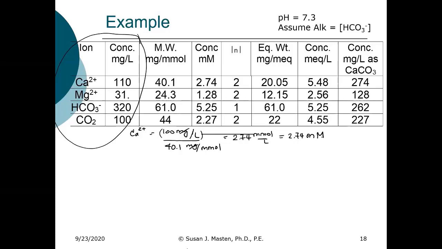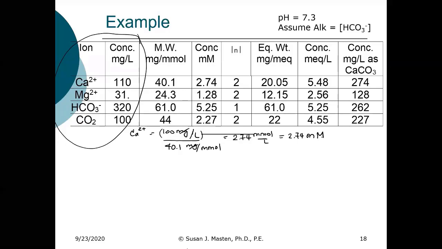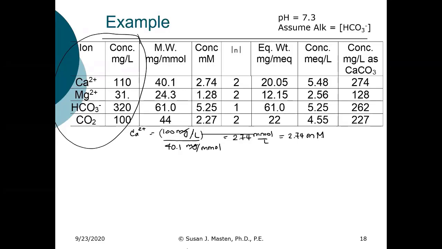bicarbonate, and CO2. The next thing we need to do is determine the number of equivalents. So I've mentioned before, the number of equivalents will typically be the charge on the species. So for calcium, it's easy to see, it's 2. For magnesium, it's 2. For bicarbonate, it's 1. And what about that CO2?